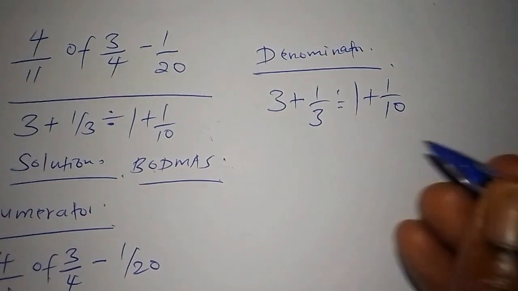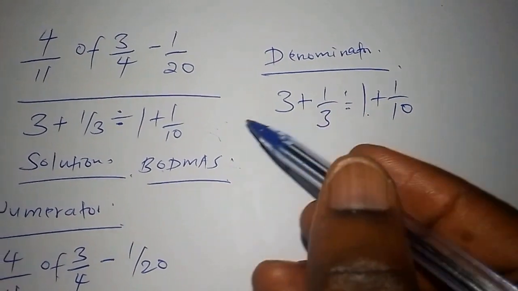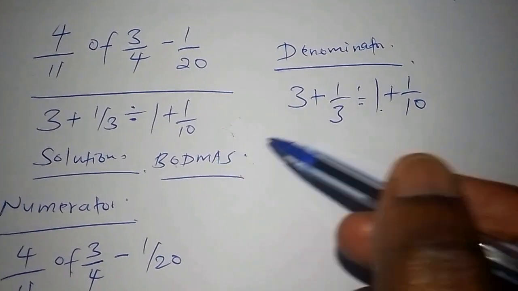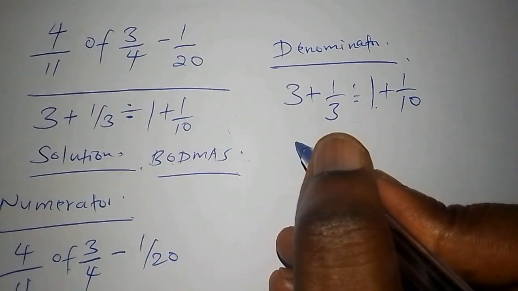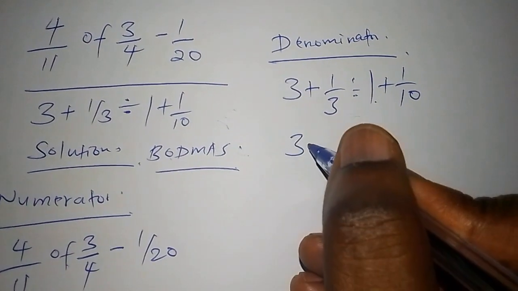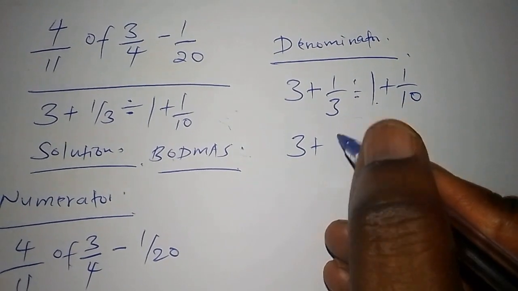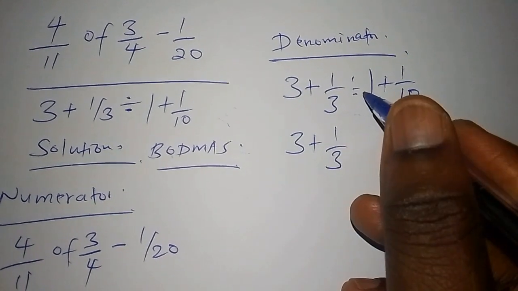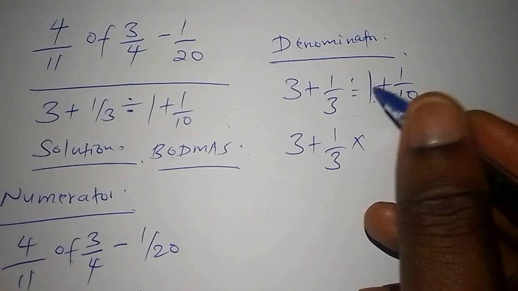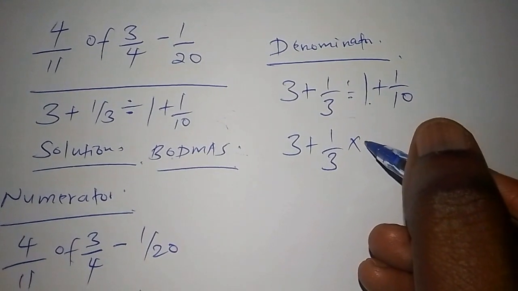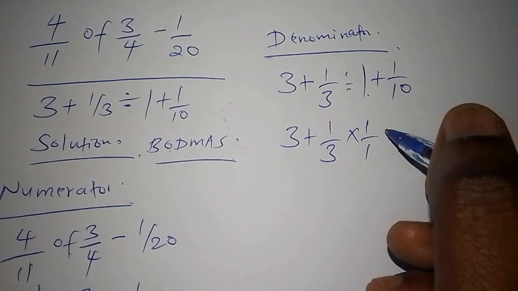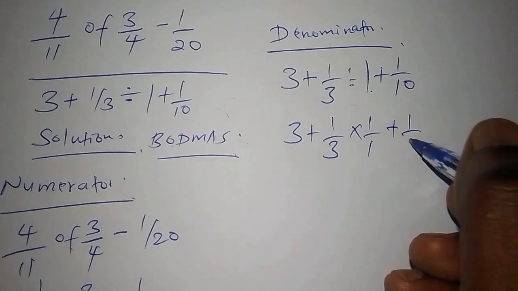The first thing to do with our BODMAS, we're going to work out the division first. So we shall have 3 whole, we add 2, so this a third shall now change to multiplication because of the reciprocal of 1 whole. 1 whole is just 1 out of 1, so it still remains 1 out of 1. Add 2, 1 out of 10.